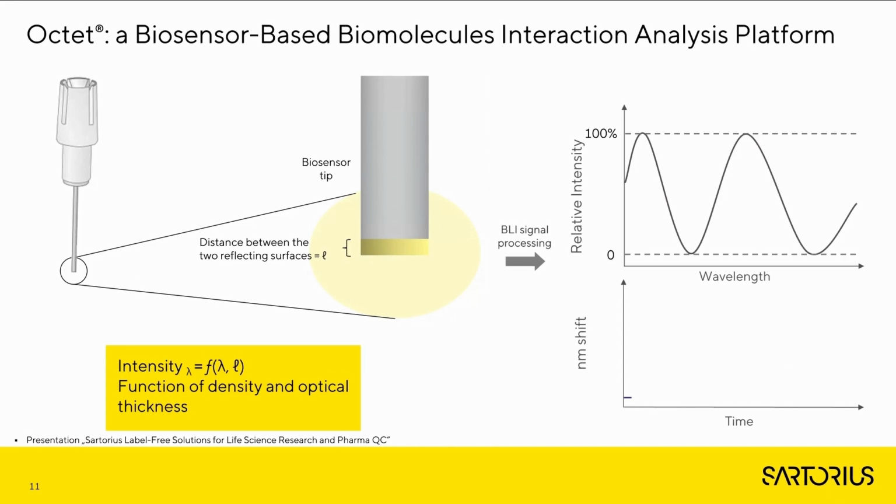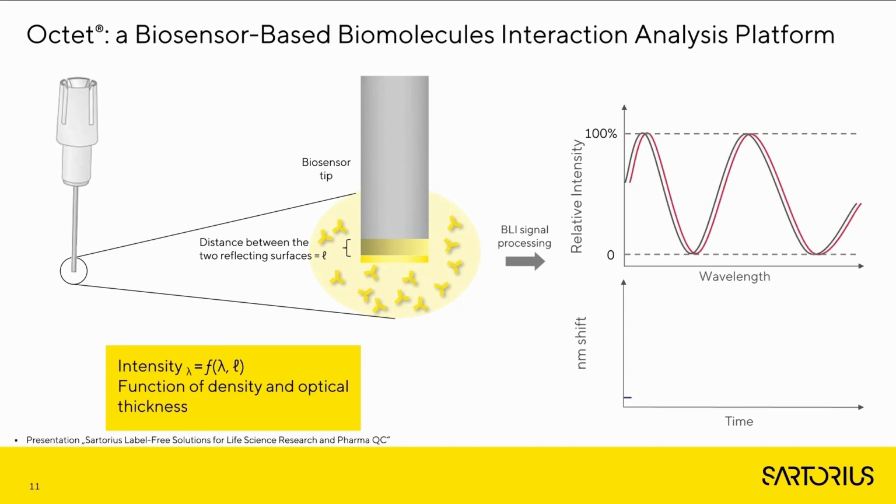Octet is a biosensor-based biomolecular interaction analysis platform, which is based on BLI technology. BLI is an optical technique that analyzes the interference pattern of white light reflected from two surfaces, a layer of immobilized proteins on the biosensor tip and an internal reference layer.